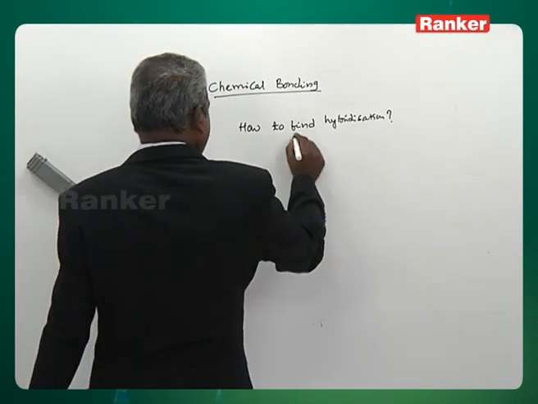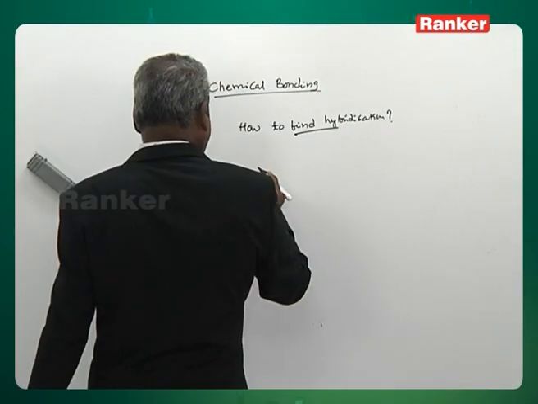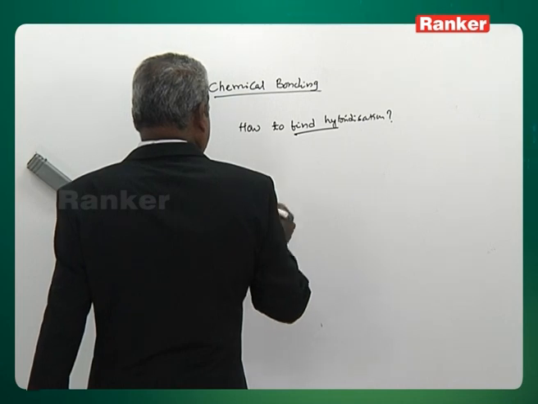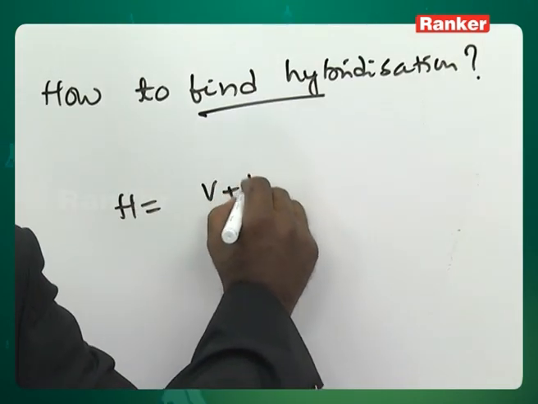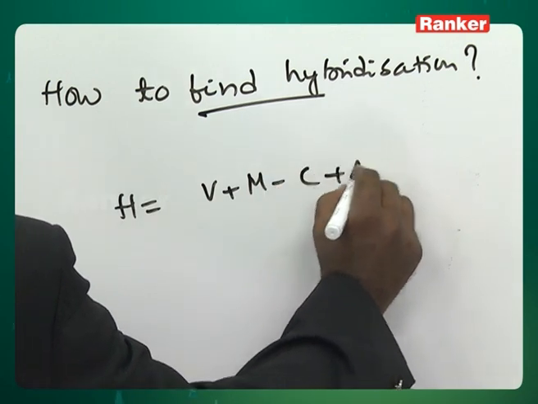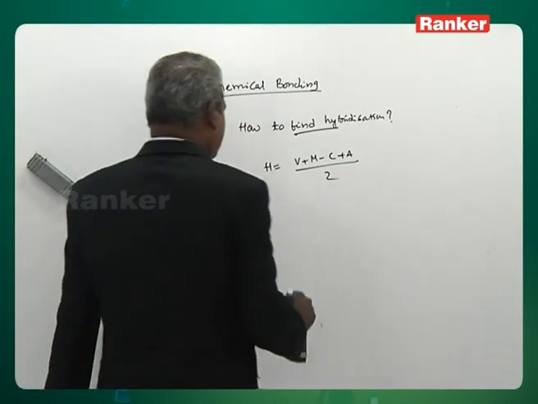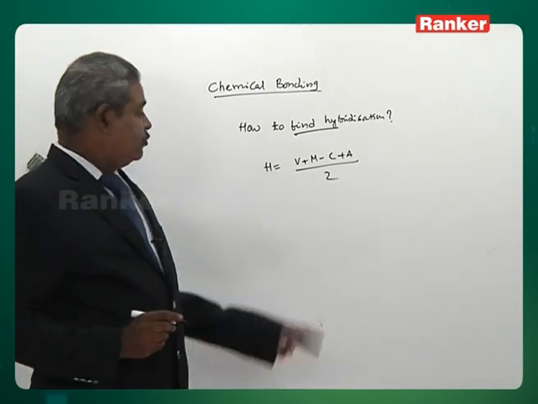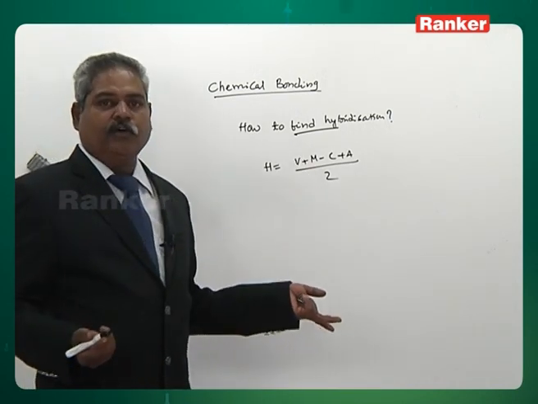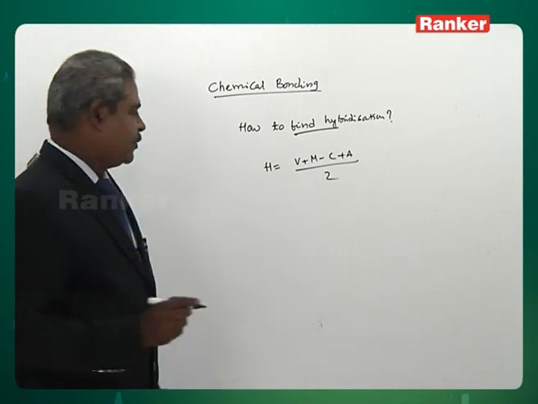How to find hybridization in most cases? H is equal to V plus M minus C plus A by 2. Don't worry about the hugeness of this formula. It's no big formula. This application is quite simple.